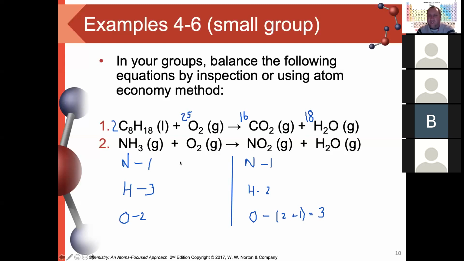So my first instinct would be to look at this and go, okay, nitrogen is completely balanced. Let's not touch it.